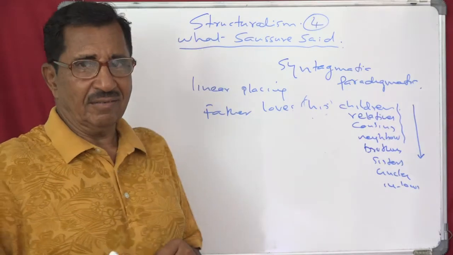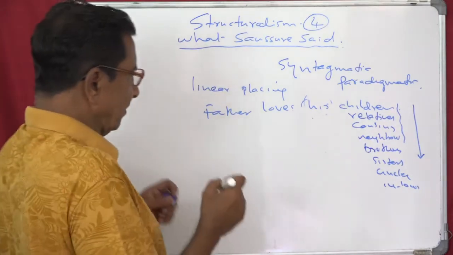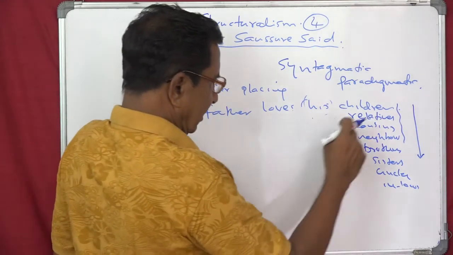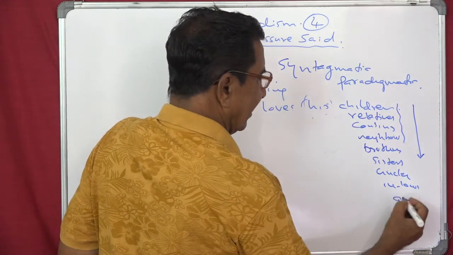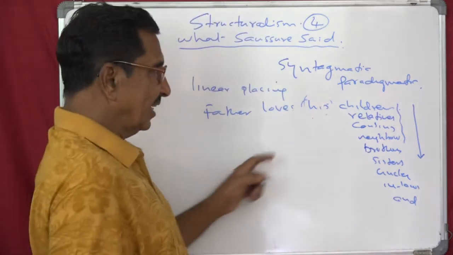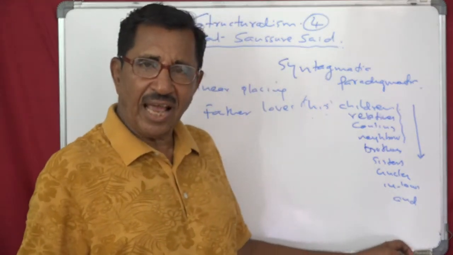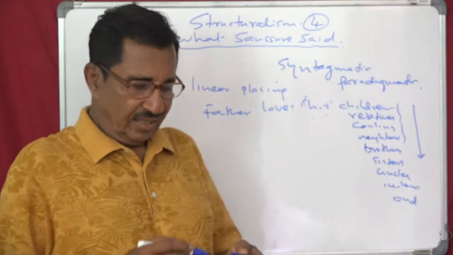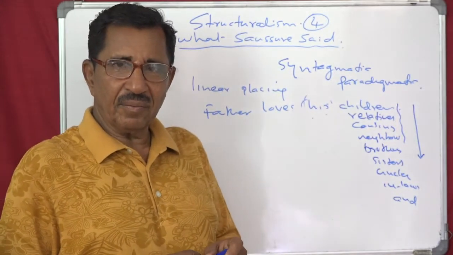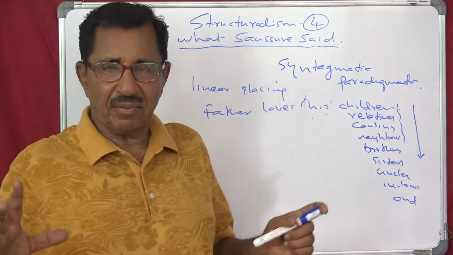Meanings may change. But on the other hand, if you say, father loves his aunt, see, no substitute. Aunt cannot be substituted here for any of this. So what happens is the syntagm is disturbed.